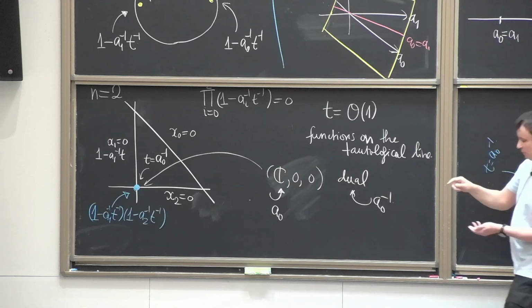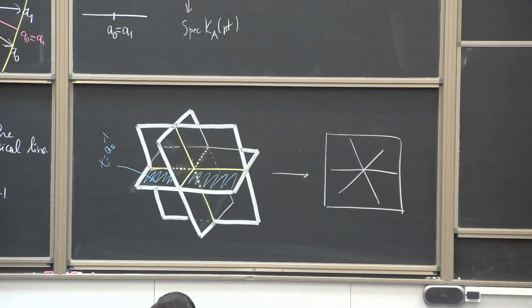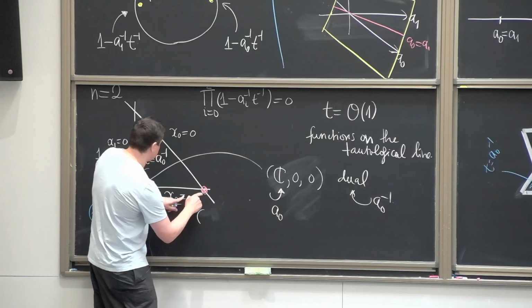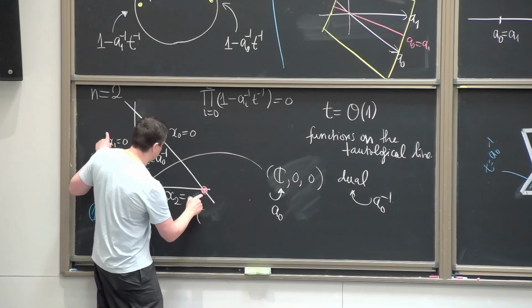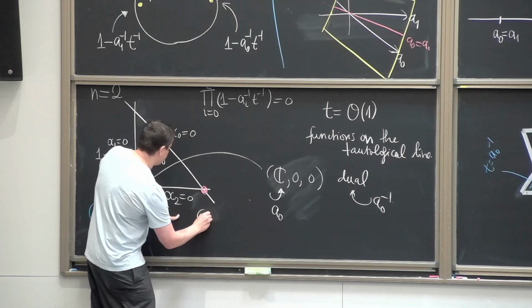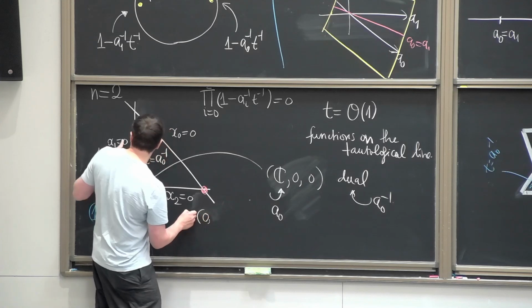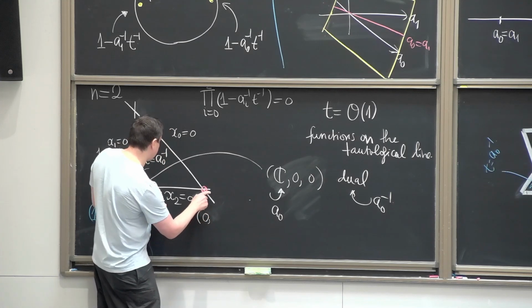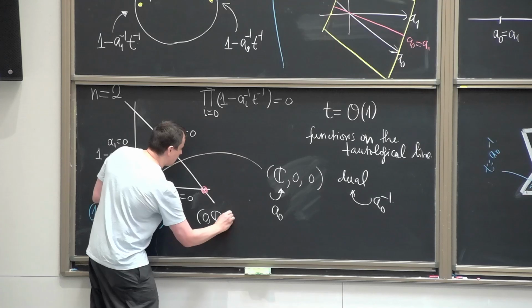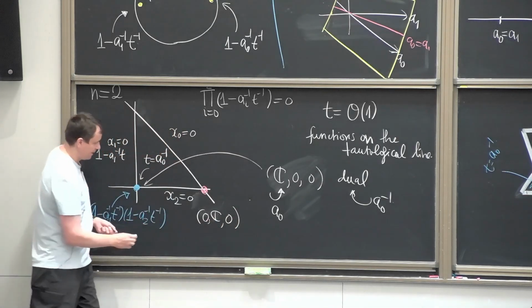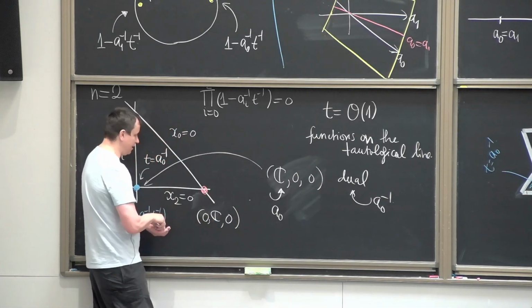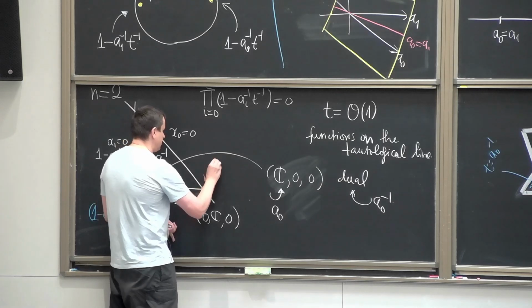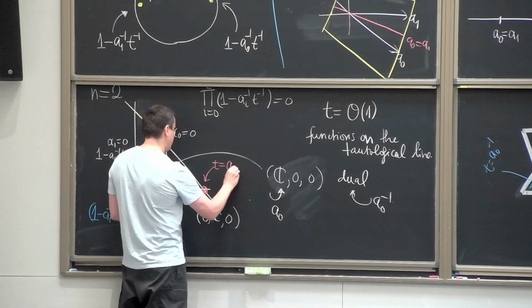And if I go to a different point, maybe I go to this point, here the tautological line is where x2 is 0 and x0 is 0. So it's this line. And so therefore here, the weight of my T is A1 inverse.